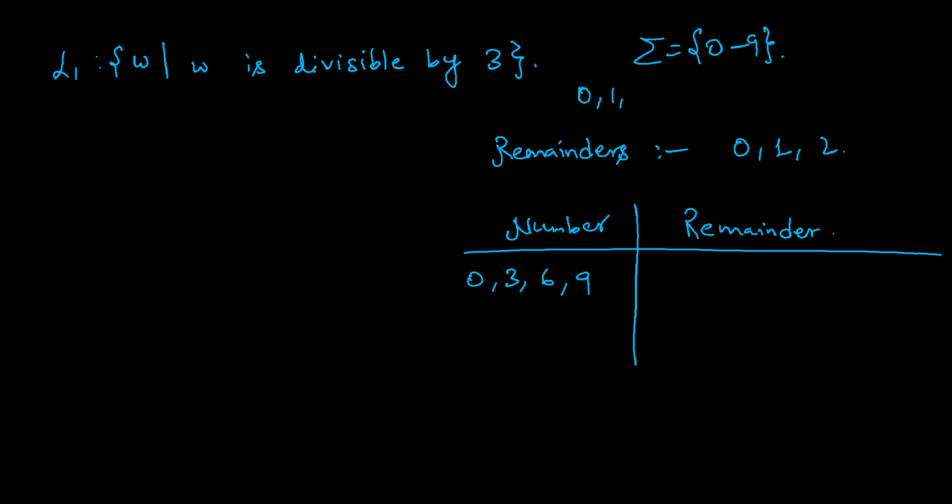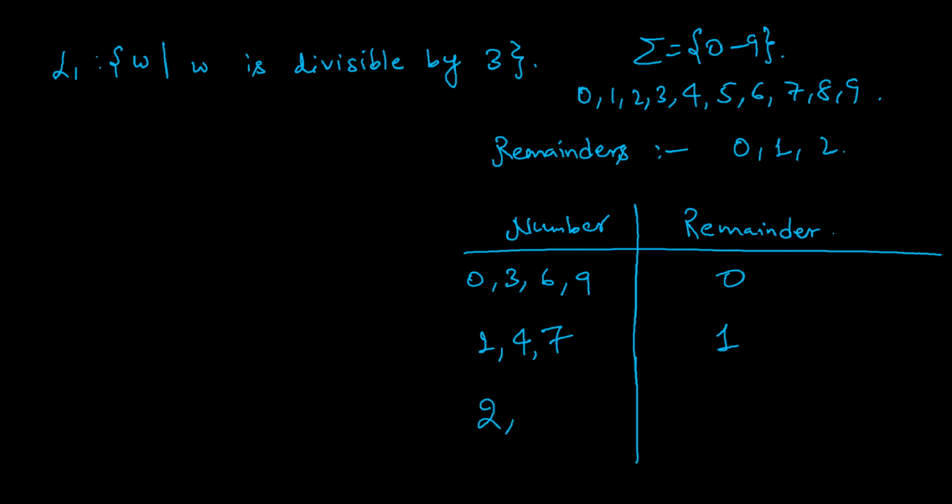Symbols are 0, 1, 2, 3, 4, 5, 6, 7, 8 and 9. So for 0, 3, 6 and 9, the remainder will be 0. When 1, 4 or 7 is divided by 3, the remainder is 1. When 2, 5 or 8 is divided by 3, the remainder is 2.